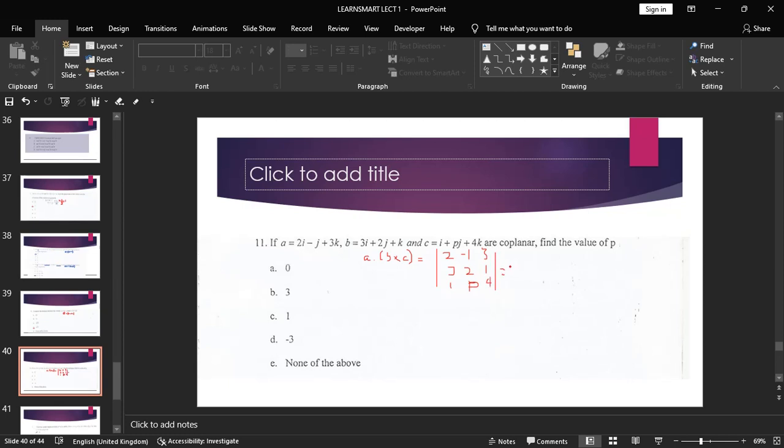So let's try solving this, okay. Once again, this is how you solve your scalar triple product, okay. So we have 2 outside, okay, and then we have 2, 1, okay, and then what?